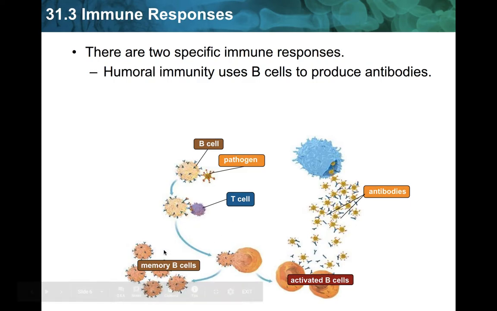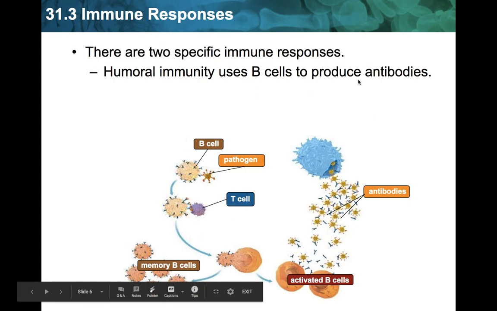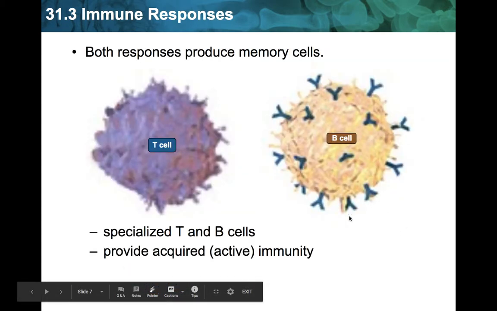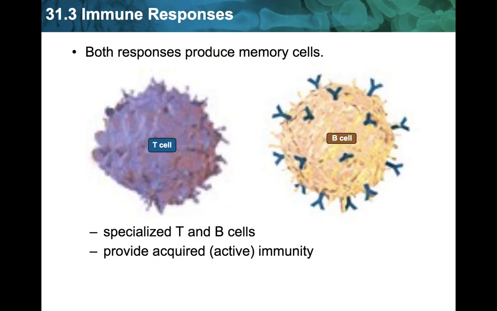Your T cells can also activate them, but this is just showing you something similar to the T cells. Both responses produce memory cells, so they're laying dormant in your body until they recognize something, and then they'll flag them to attack them. So you have specialized T and B cells, and they provide acquired active immunity.